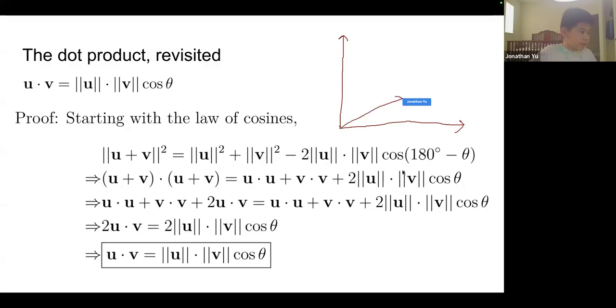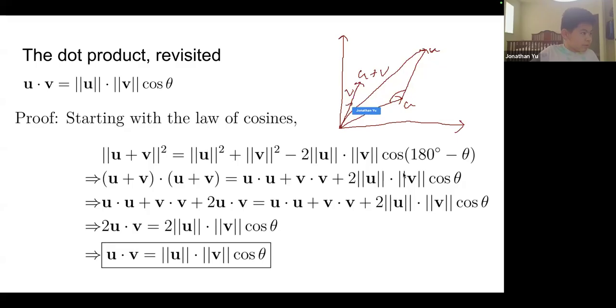So we're going to graph vector u and vector v from the end of vector u, so that this vector is u plus v by the parallelogram rule. Okay, so to find this angle, we can just draw another vector v here.